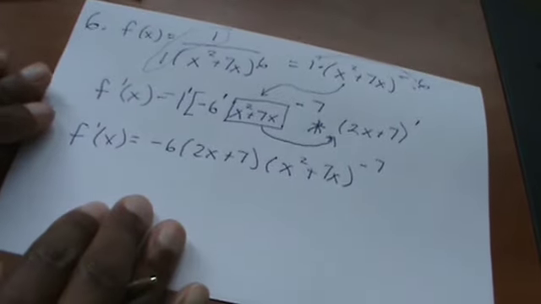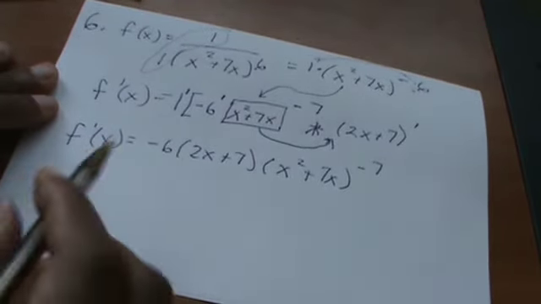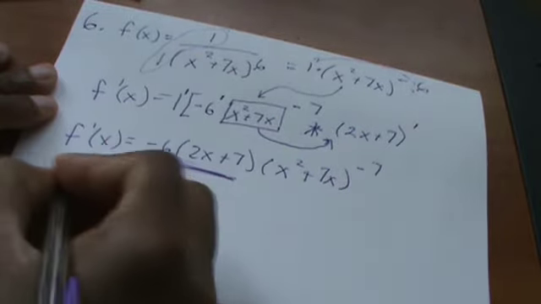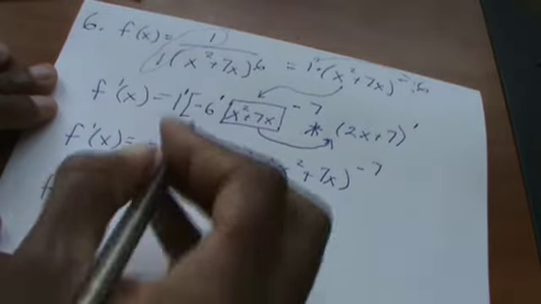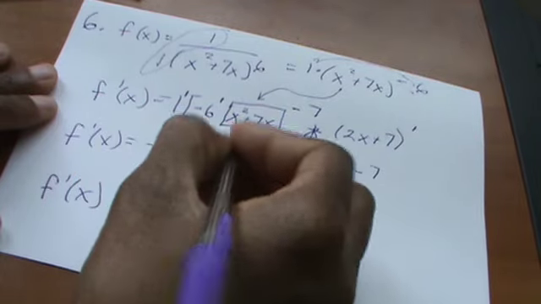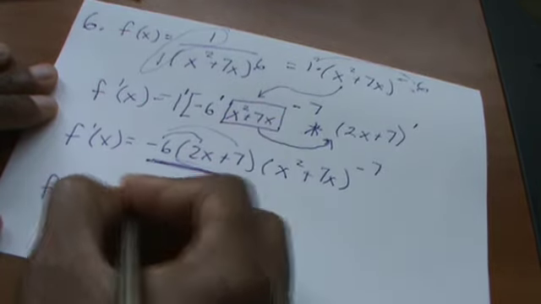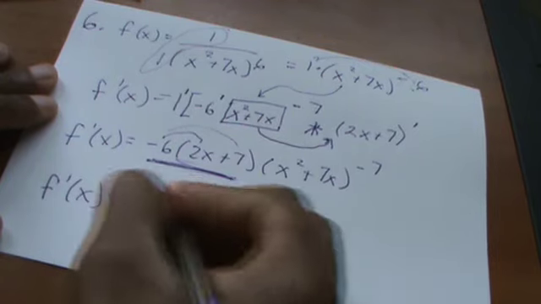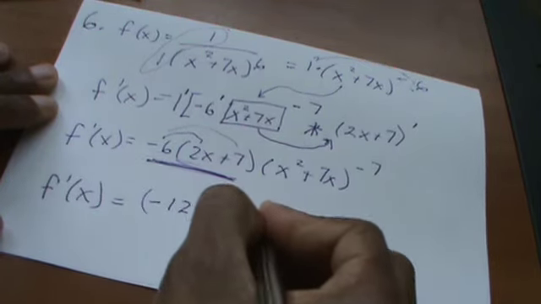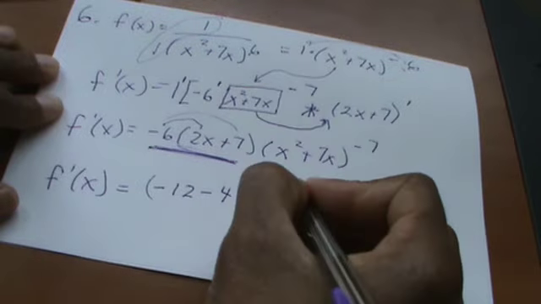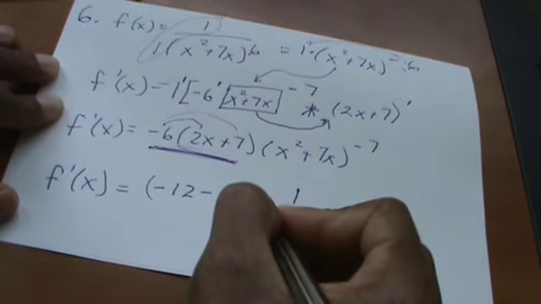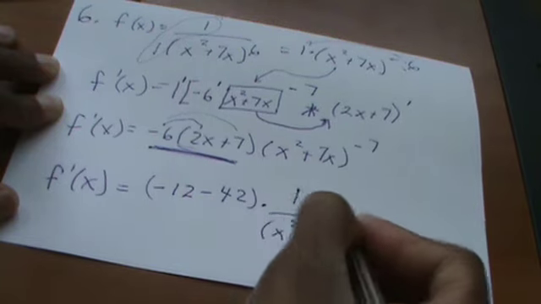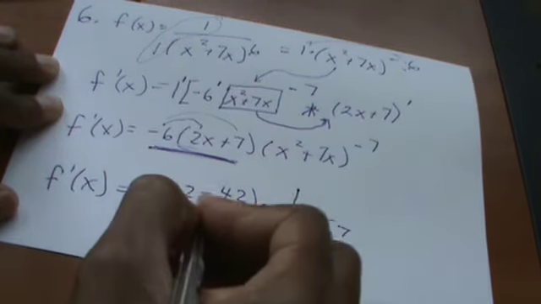Okay, now some of you guys are probably becoming really skilled at this. So I'll go a little bit faster than I have been going. So this negative 6 distributes to both of those, and I get negative 12 minus 42 times, and then here I get 1 divided by x squared plus 7x to the 7th power. All right, so this is over 1.